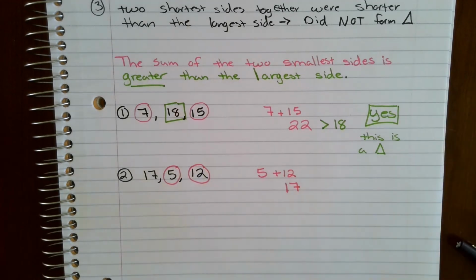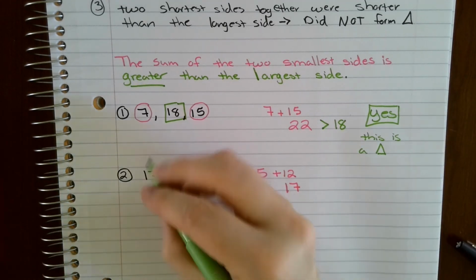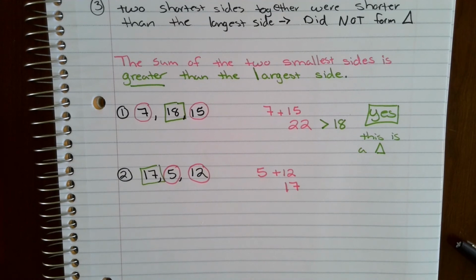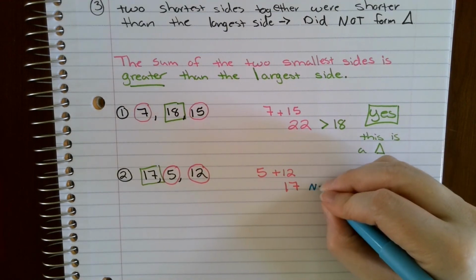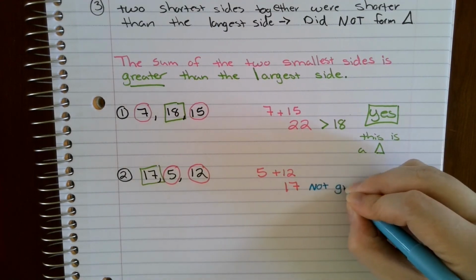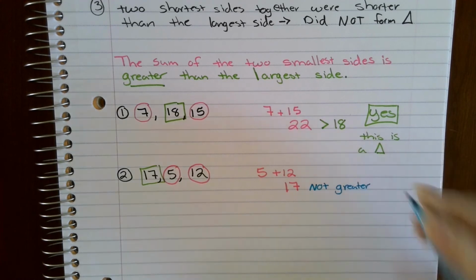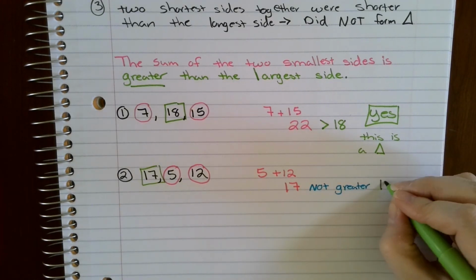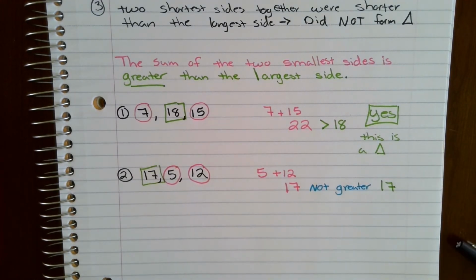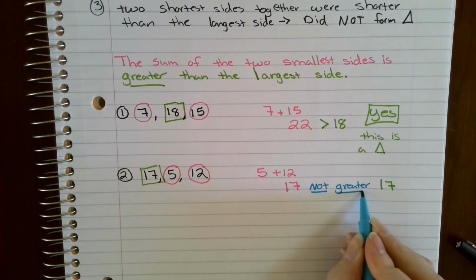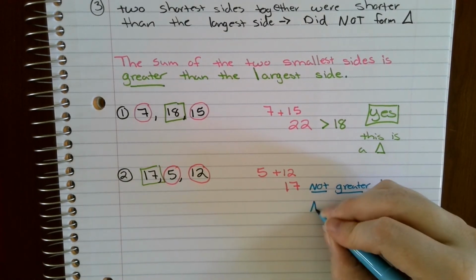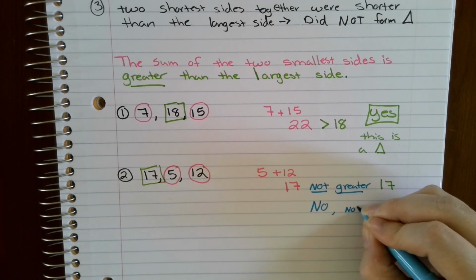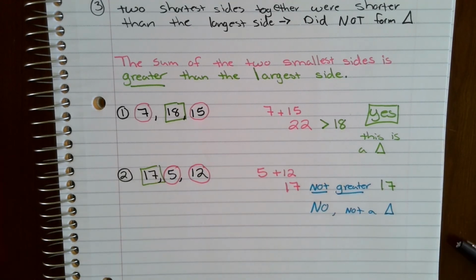Well, in this case, my largest side is 17. So 17 is not greater than the 17 for the largest side. Since it's not greater, no, this is not going to be a triangle.